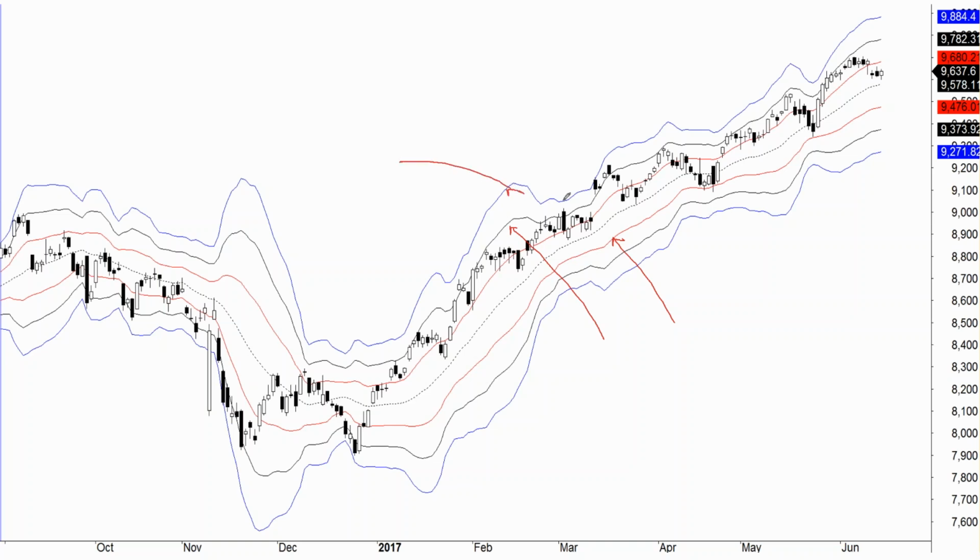If you look at these lines, you will see almost all the data is contained in this three standard deviation. That means the price action very rarely moves beyond three standard deviation. So using three standard deviation won't help us. We have to play with two and one standard deviation.